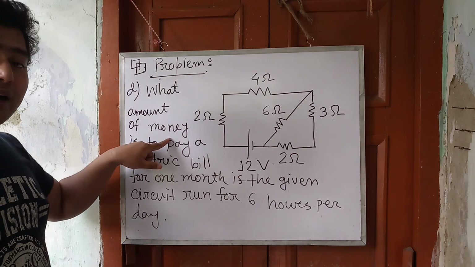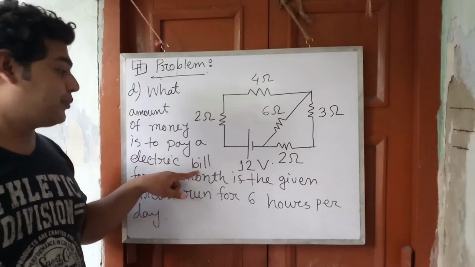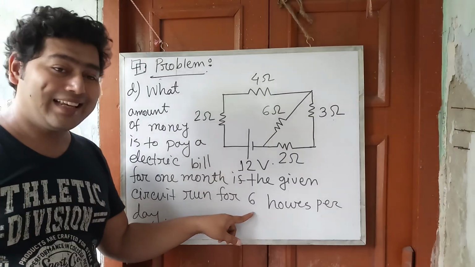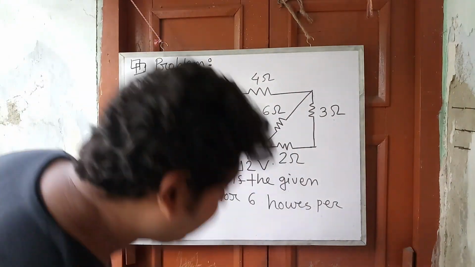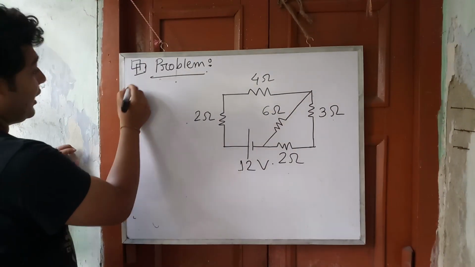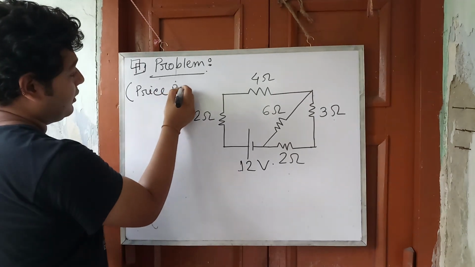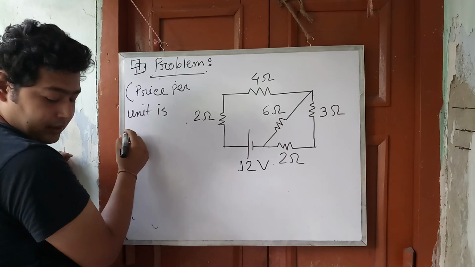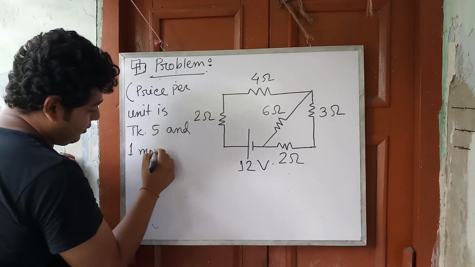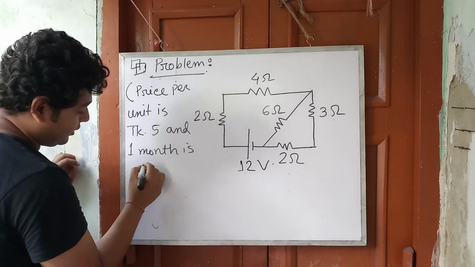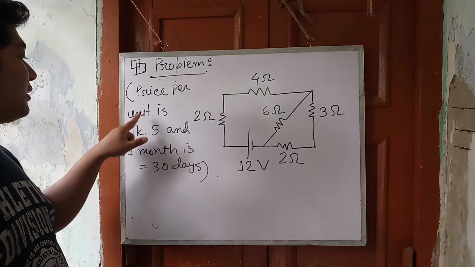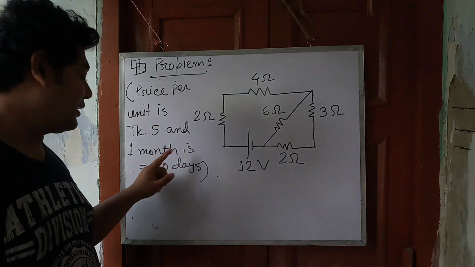Here I'm repeating this mathematical problem. What amount of money is to pay for an electric bill for 1 month if the given circuit runs for 6 hours per day, and also given that the price per unit is taka 5, and 1 month is 30 days.